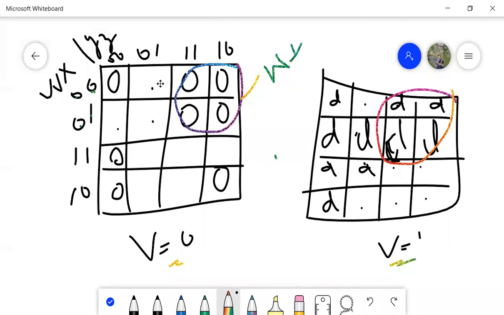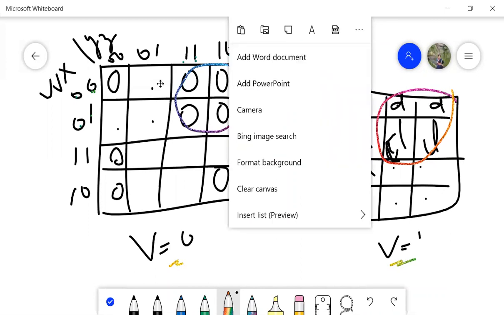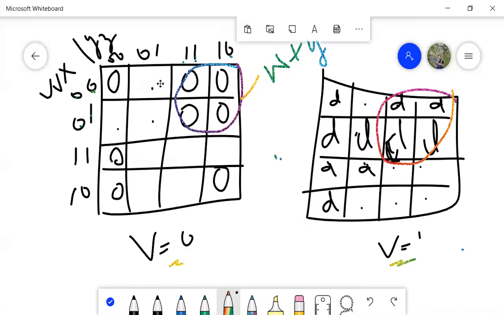Then I take this one. 1 and 0 will get cancelled, and 1 will remain. 1 will represent Y bar in POS format. So I got a Y bar. This is over.